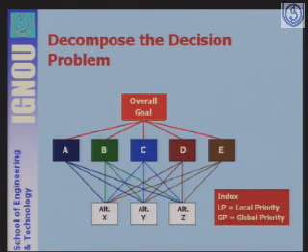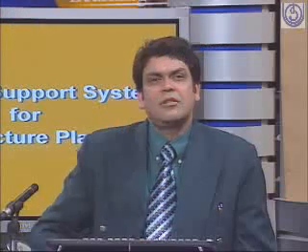Whatever value you get is the local priority of that stage of the hierarchy, and when it is multiplied with the global priority of the parent node to which it is attached, you get the global priority of the second stage.